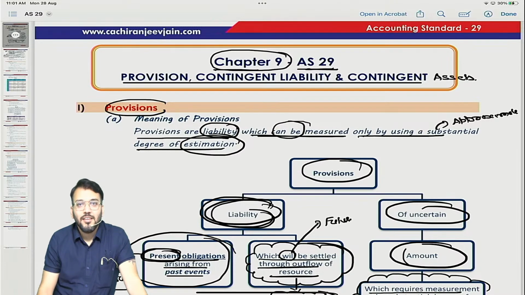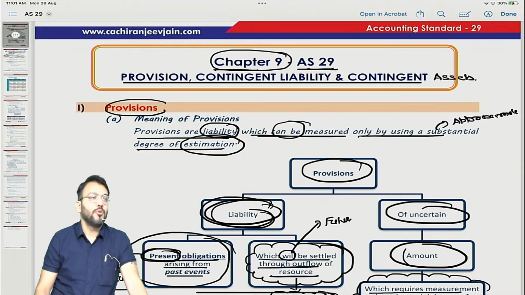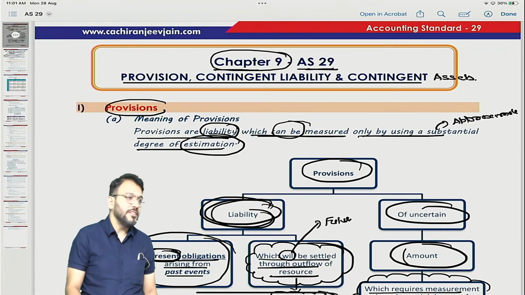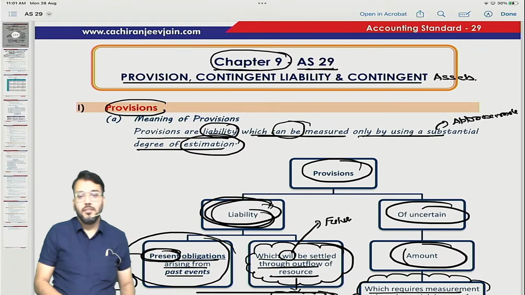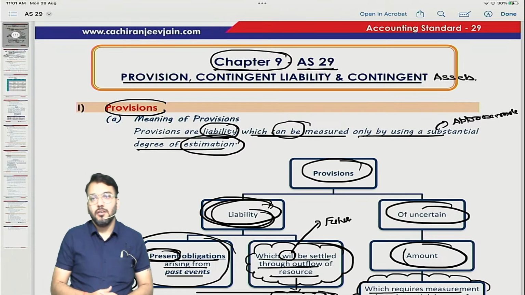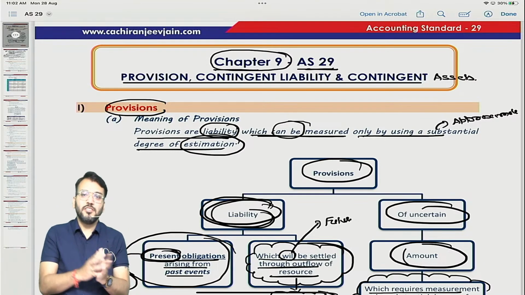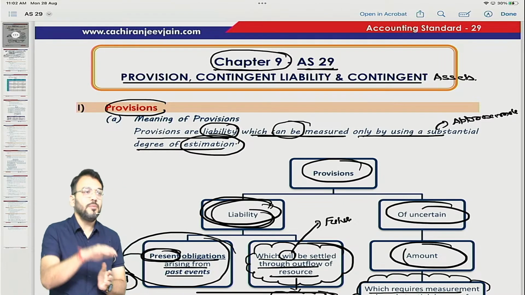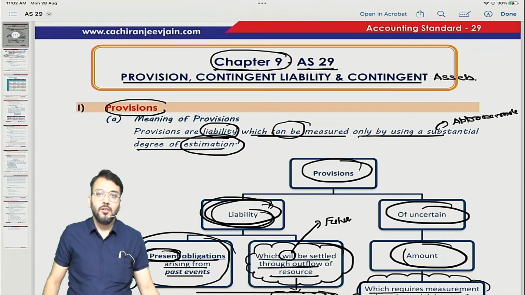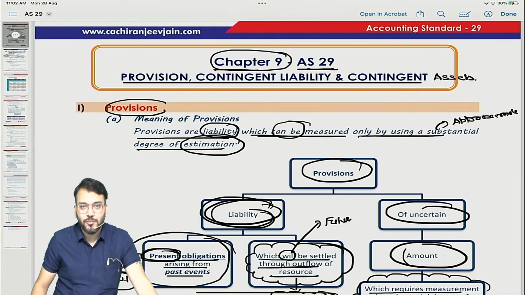Now, last class we started AS 29, Accounting Standard 29, Provision, Contingent Liabilities and Contingent Assets. I've already said that the basic concept of this is contingencies, which was given in AS 4. And already we have discussed that part also.